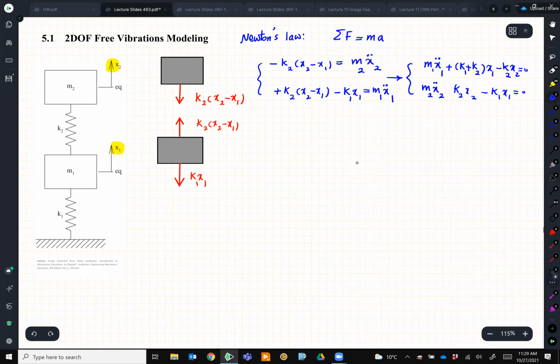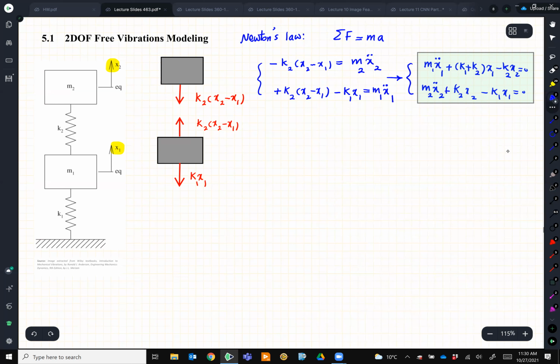So these are our equations of motion, or differential equations of motion, which are ODEs. They are a system of ODEs to be exact. Let me make sure that I didn't make a mistake here. So this is then positive, right?